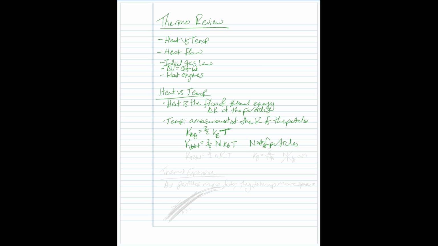We can also use the ideal gas law and our knowledge that the Boltzmann's constant is equal to the ideal gas constant divided by Avogadro's number, and the number of particles divided by Avogadro's number is the number of moles, and we can get the total kinetic energy of a system is equal to 3/2 nRT.